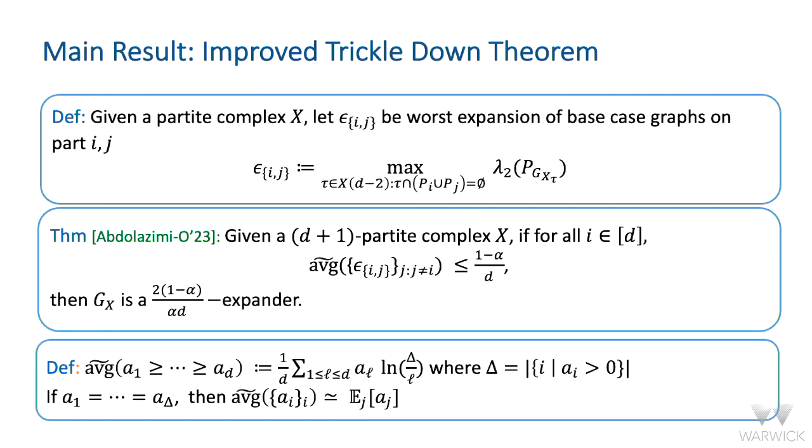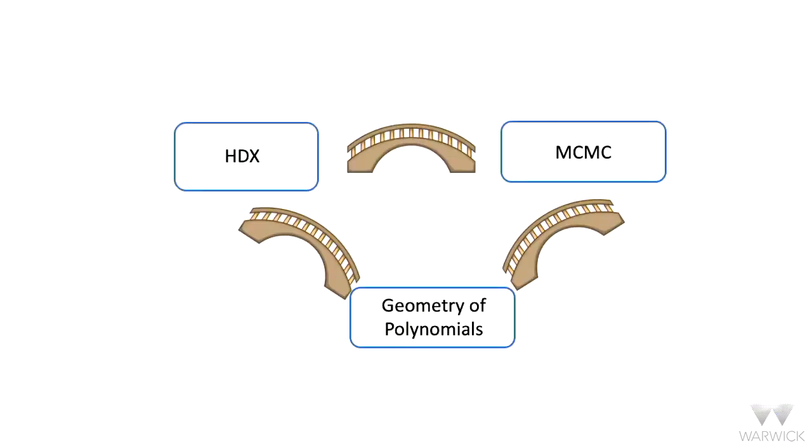I just wanted to say one more thing before I go. I started working in this area a few years ago, where we used high-dimensional expanders to study Markov chains and random walks on bases of matroids, and there are connections to the geometry of polynomials and so on. Since then, several tools from this field have been used to study random walks and polynomials. But in this work, we did the opposite.